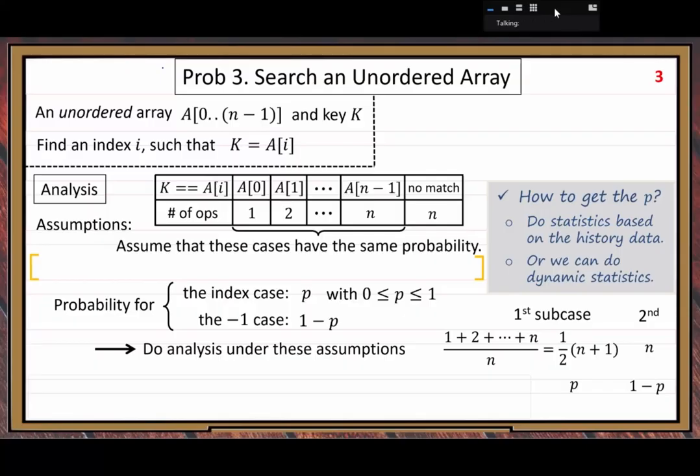The larger the probability, then more contribution. The larger the P, more contribution from the first subcase, right? The smaller the P, then more contribution from the second subcase, right? That's the straightforward understanding.